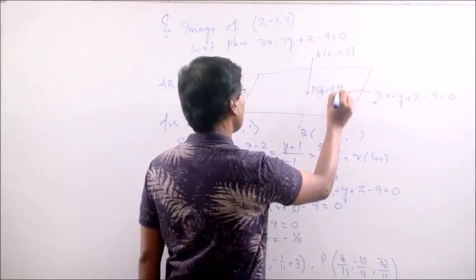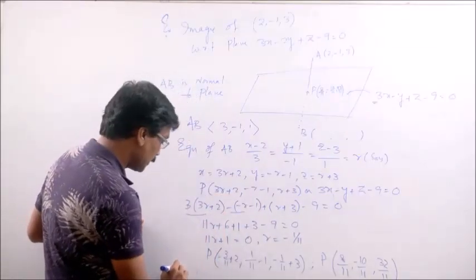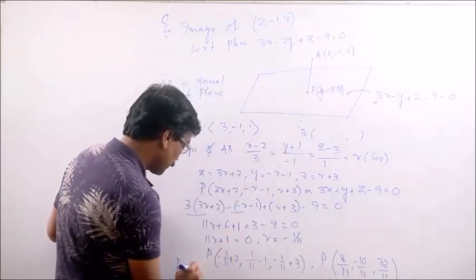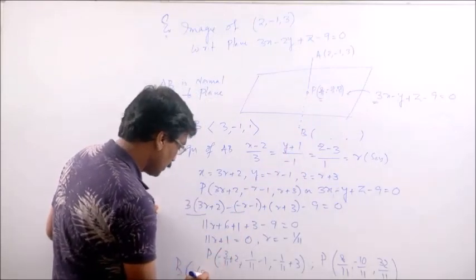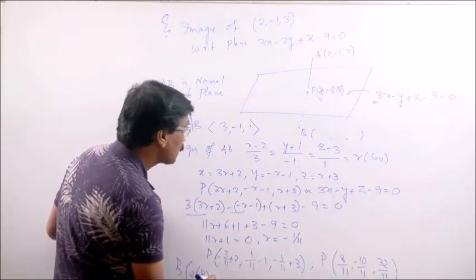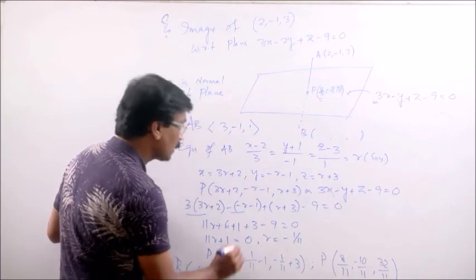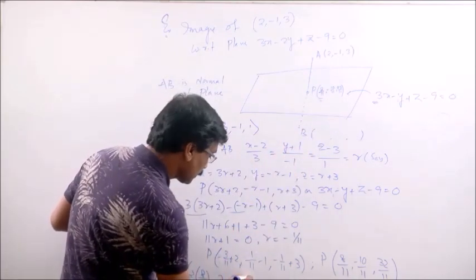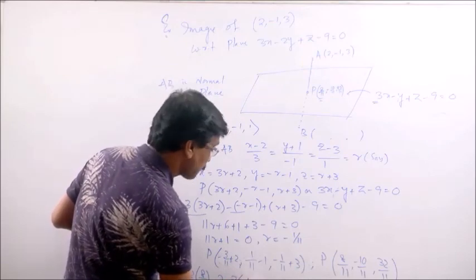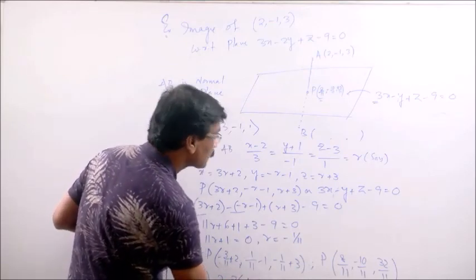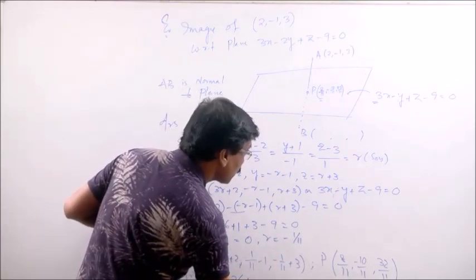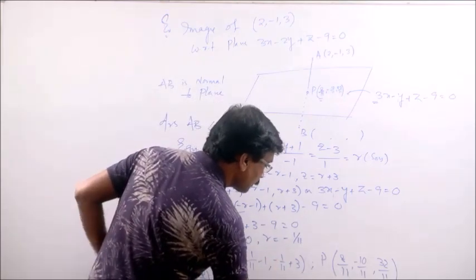So, image B has the coordinates twice the midpoint: 2 into 8 by 11 minus 2, y coordinate 2 into minus 10 by 11 minus of minus 1, and 2 into 32 by 11 minus 3.